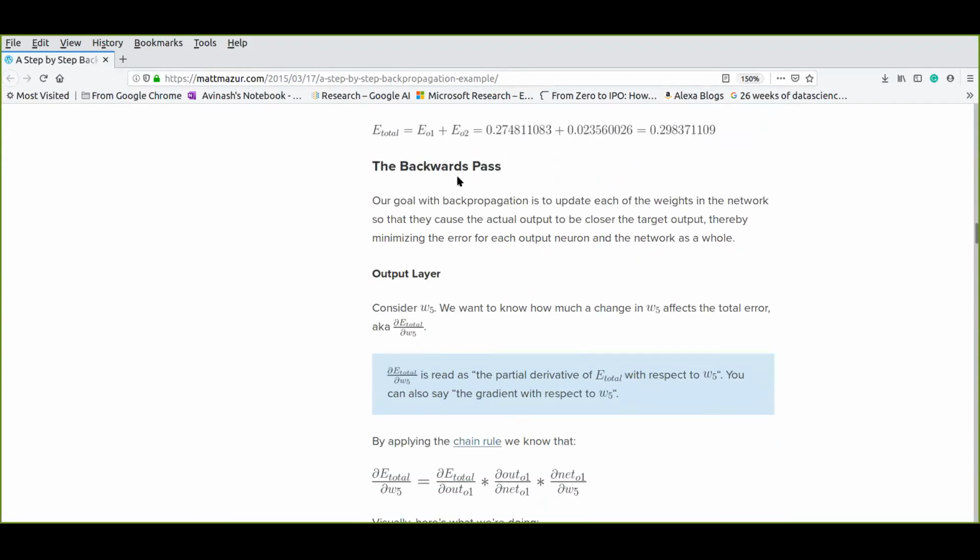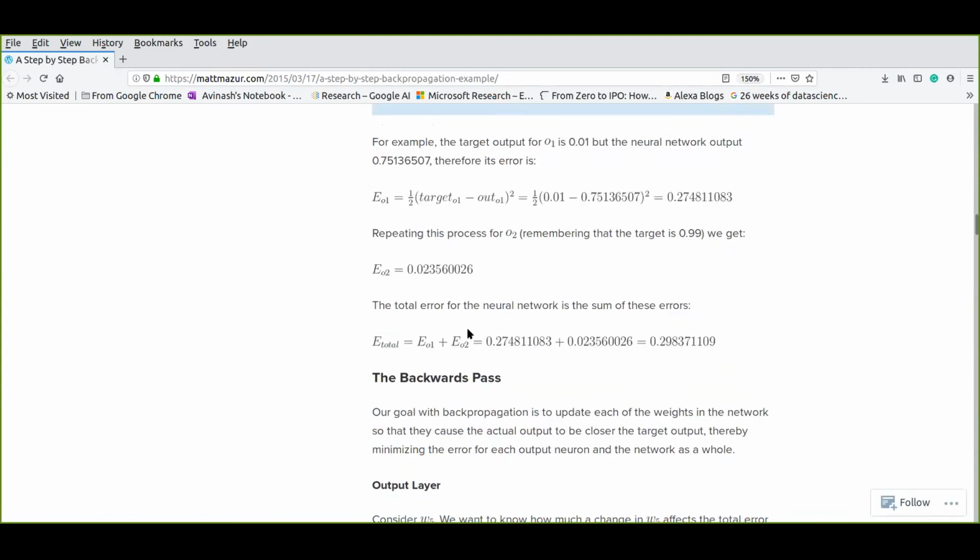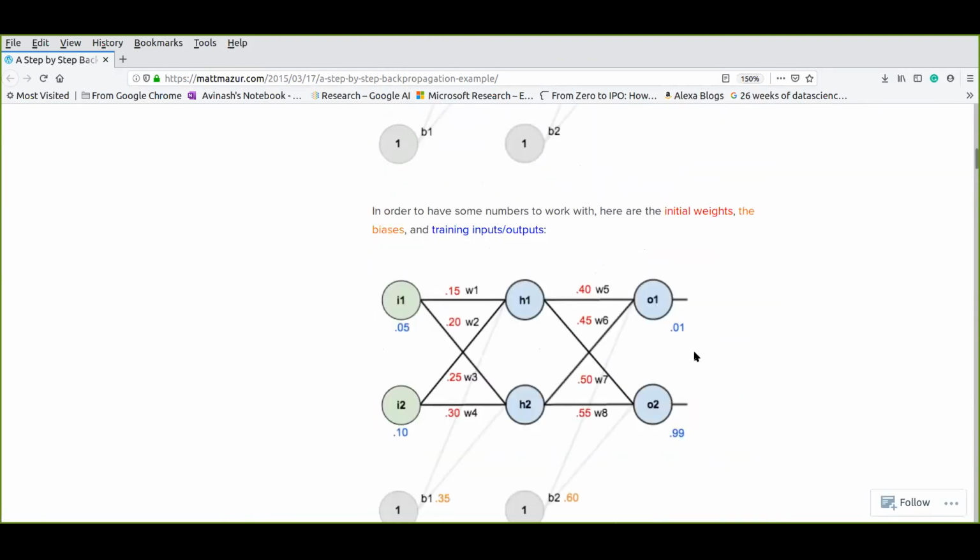Backward propagation is nothing but considering how well the model has predicted the value, and then updating the weights. So we have E total, which is the total error, and we have to figure out how each of these weights impacts that error.